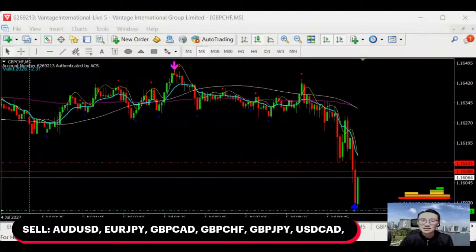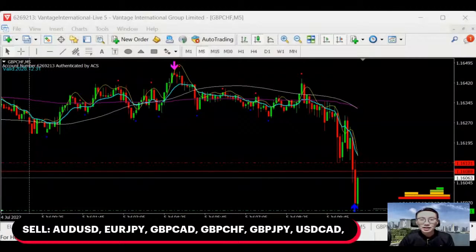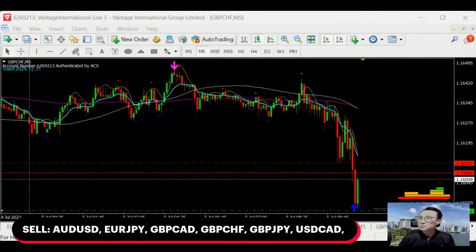I won't really advise doing so, because in forex trading, understanding the situation is very important. When you understand the situation, you will be able to know what strategy to use, how many pips to take. All these are very important.